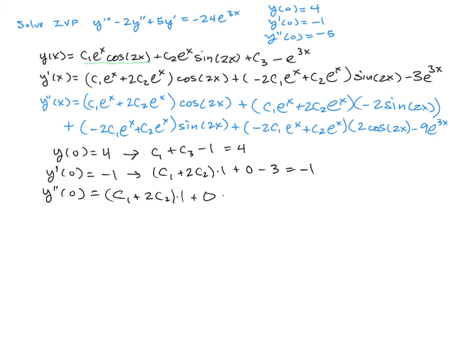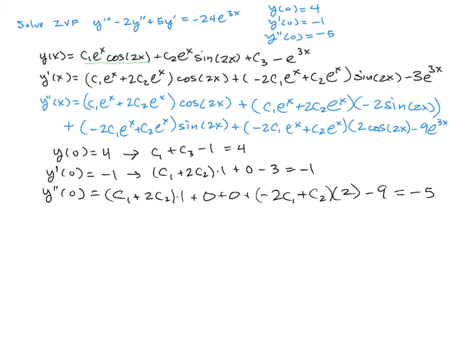The third term is going to vanish as well because it is times the sine. And then that last term is going to show up. So that's a -2 c1 plus c2, and don't forget there's a 2 with that derivative there. And then that's -9 times e to the 0. And that must equal the value of y double prime of 0, which is -5.